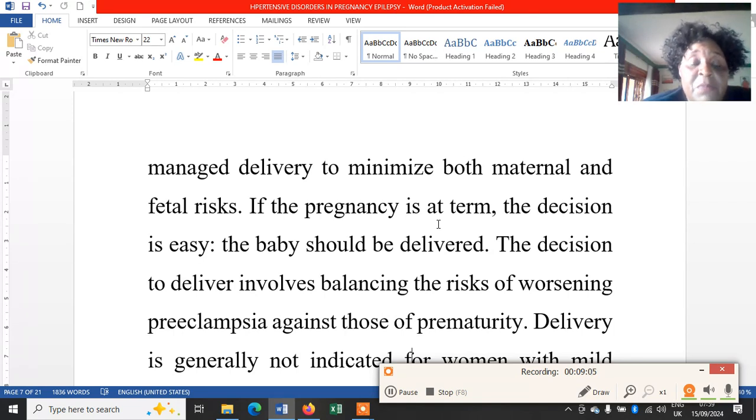So if this baby is really premature, usually, and this mother is in a very poor state or in a hypertensive crisis, this is an indication for what we call a therapeutic abortion. We shall induce labor and this baby will be delivered.